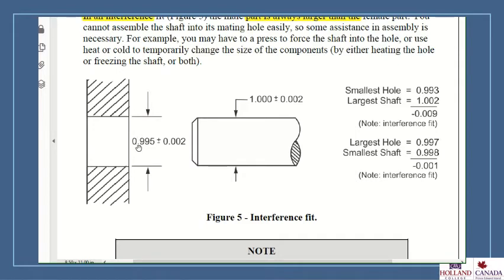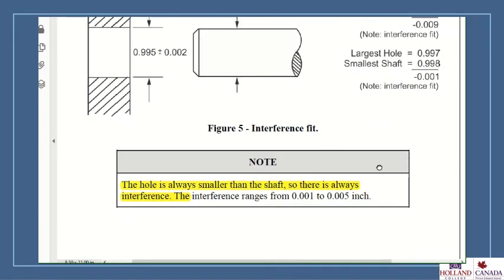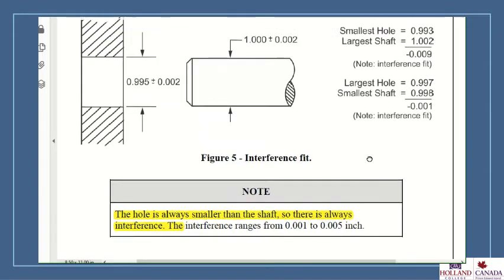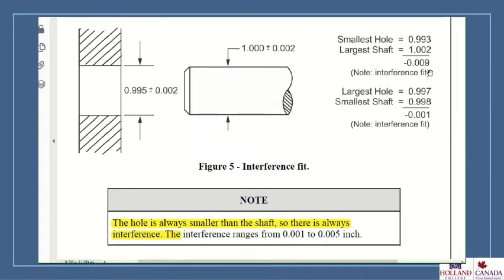The largest the hole can be is 0.997, and the smallest we can make that shaft is 0.998. So it's still going to be an interference. The hole is always smaller than the shaft, so there's always interference. And in this case, our interference ranges from 0.001 to 0.009.